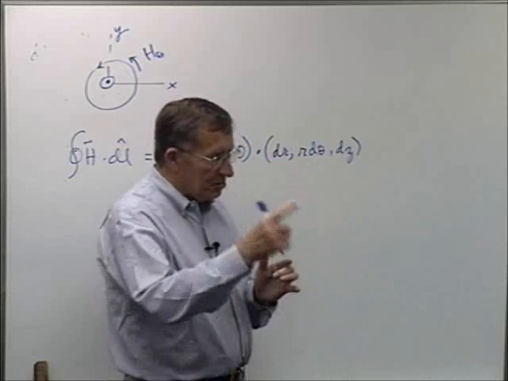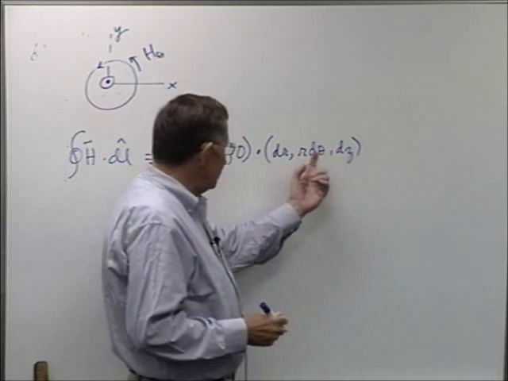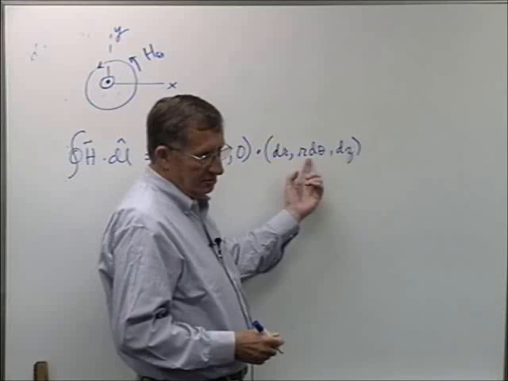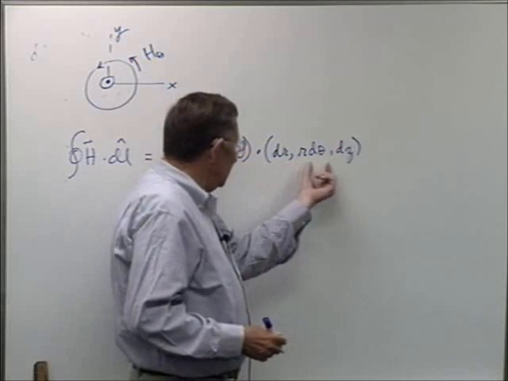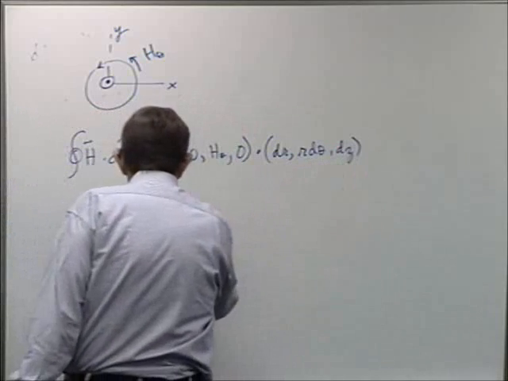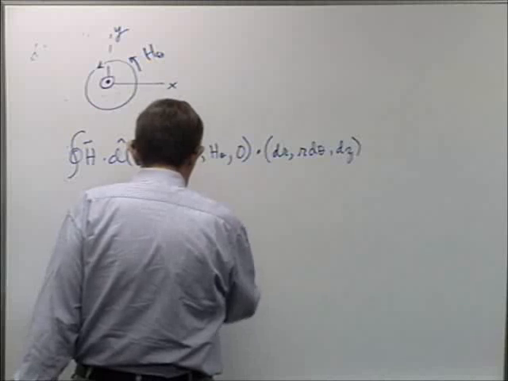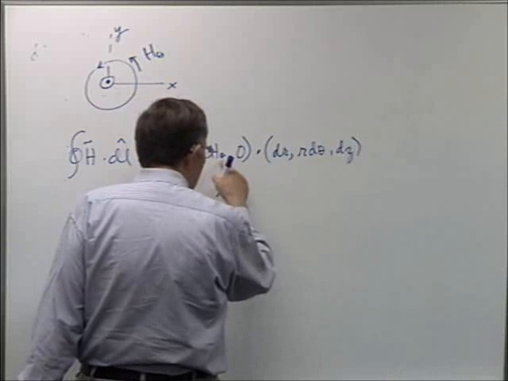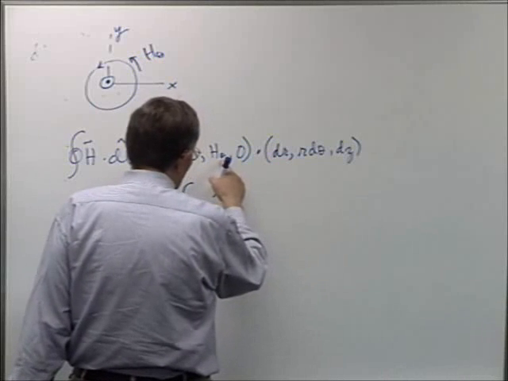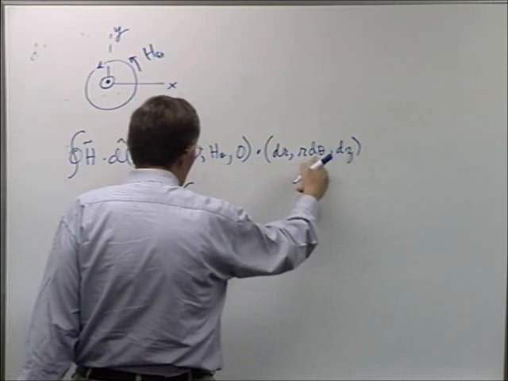You have to put the r with it to get the distance. So r d theta converts this angle change to a distance. So it's elemental distances. So if you evaluate that, the only term is going to be the h theta term. That's going to pick out this one when I do the dot product.